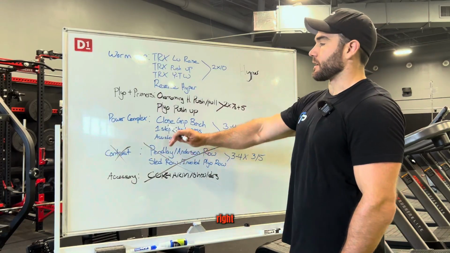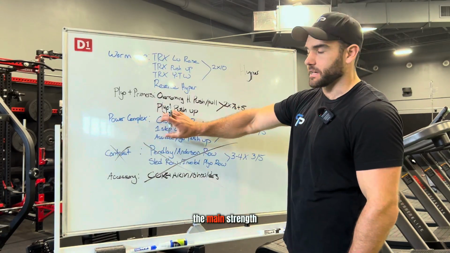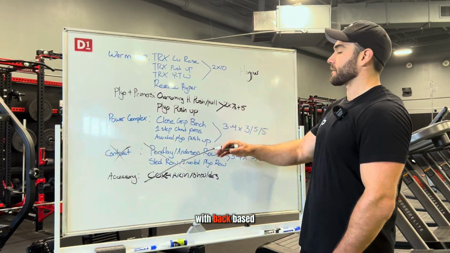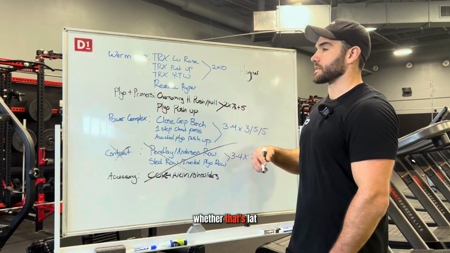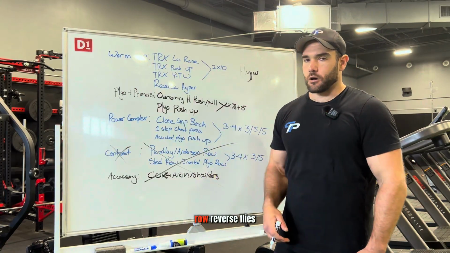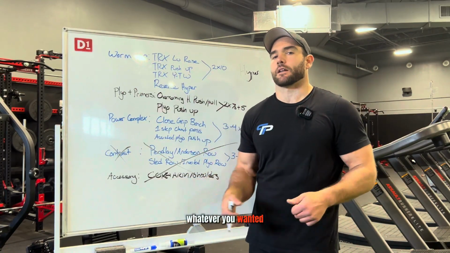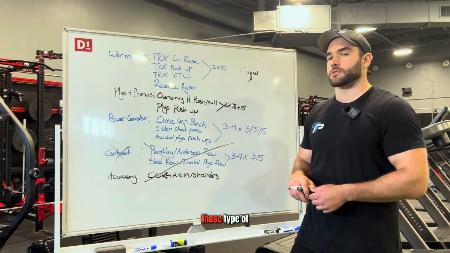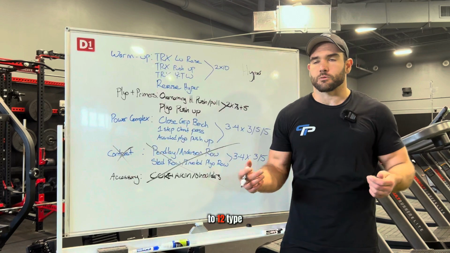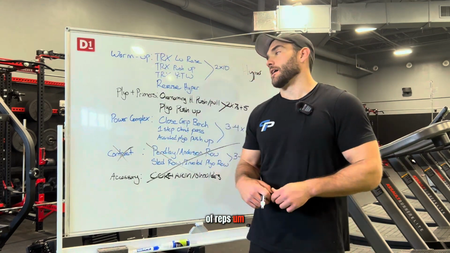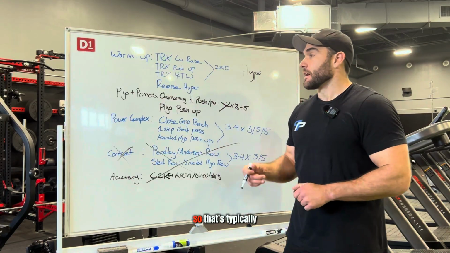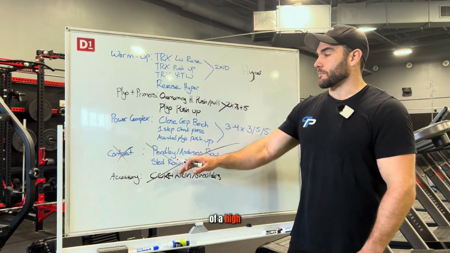For the back, we're gonna leave the horizontal press, the main strength and power, but then you would spend your time with back-based hypertrophy exercises, whether that's lat pulldown, dumbbell row, cable row, single arm row, reverse flies, whatever you want it to be. Typically I'm doing 3 to 4 of those type of exercises, 3 to 4 sets, maybe 8 to 12 reps with that, or you can have in some arms if you really wanted to. So that's typically how I would make this more of a hypertrophy workout.